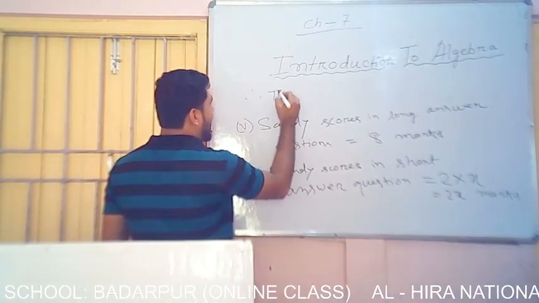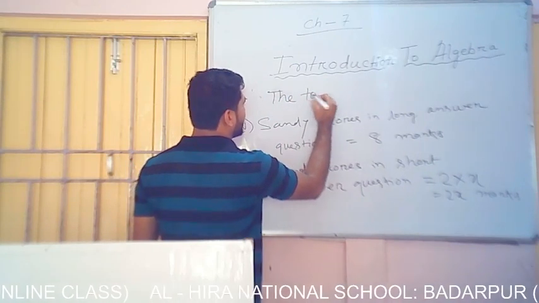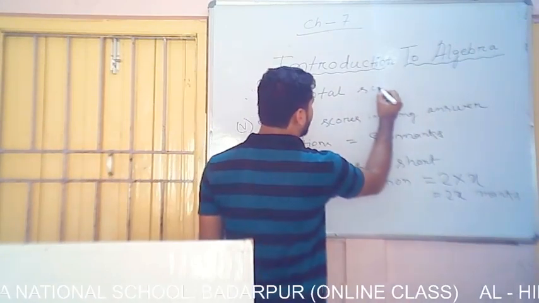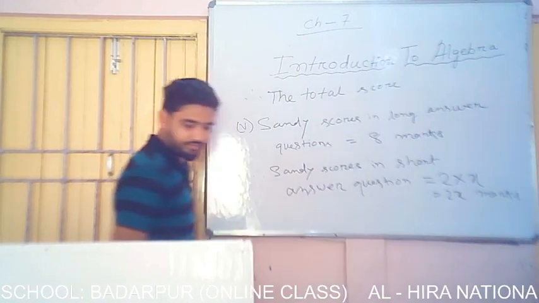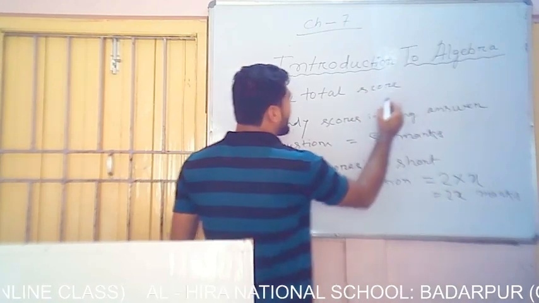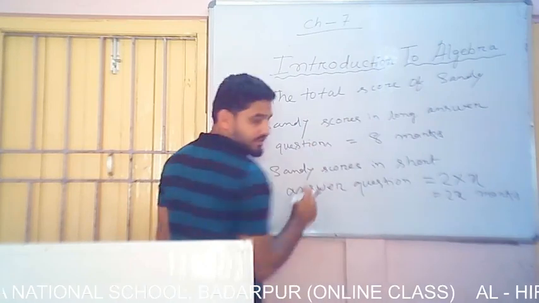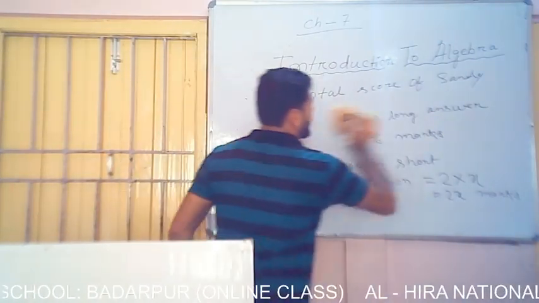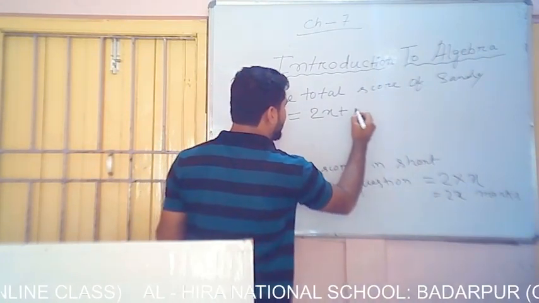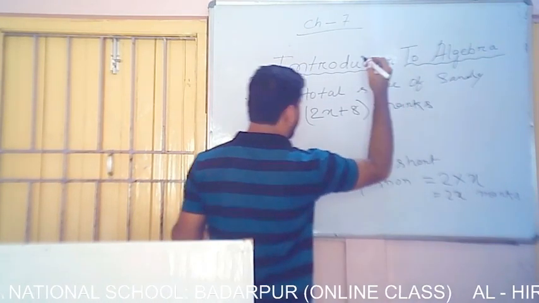Therefore, the total score of Sandy equals twice x plus 8 marks.